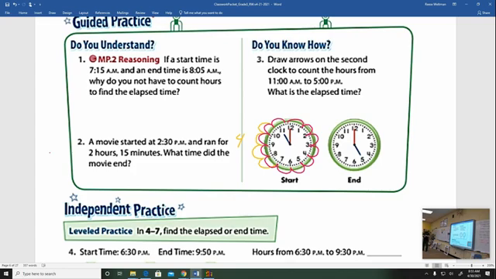Yeah, about 7 minutes, right? Actually, exactly 7 minutes. You can tell because the 11 to the 12 would be 5 minutes, and the long hand is 2 little dashes before the 11. Now, of course, if you were estimating, that would be okay too. You could say, well, about 5 minutes, and that would work.